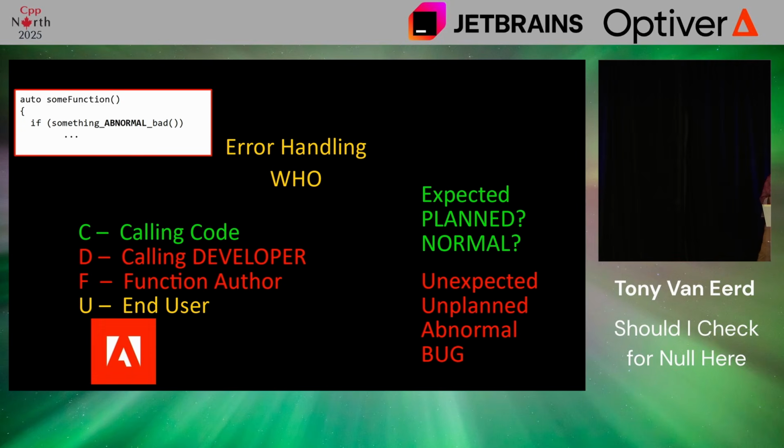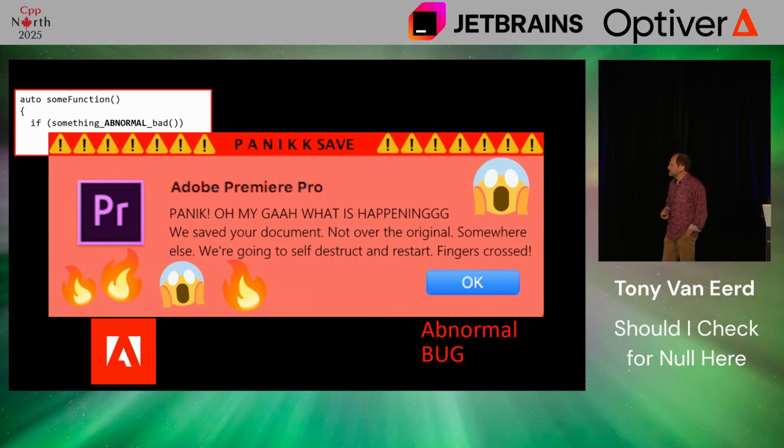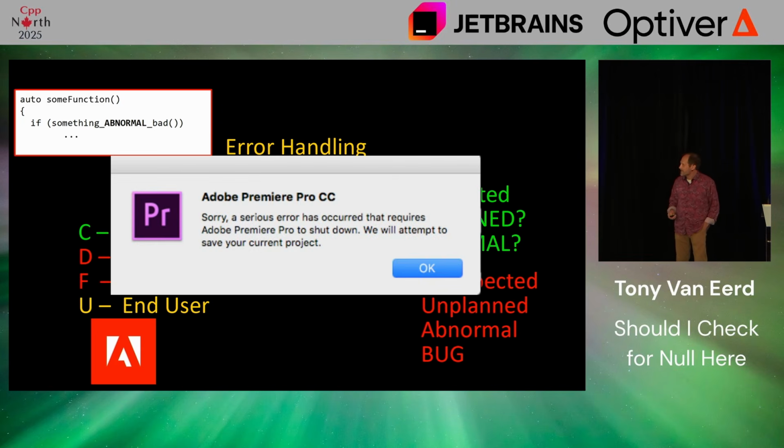Oh yeah, here it is. This is what Premiere did. If we detected a bug, like we'd done something wrong internally in Premiere, we put up this dialogue. This is called panic save. Okay, it wasn't this dialogue, it's this dialogue: hey, sorry, a bad thing happened. But it was really cool because when we detected a bad thing, we'd say, don't save the document on top of their existing file.